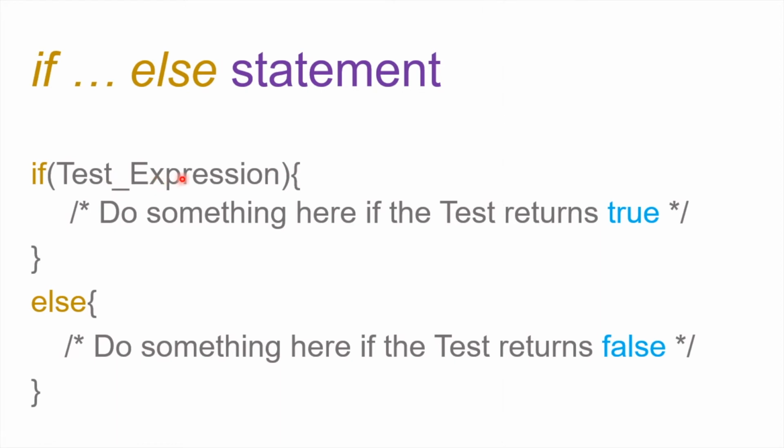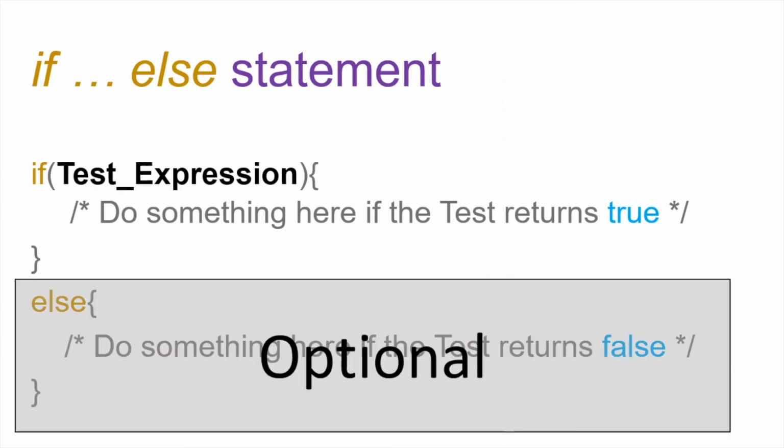If the test expression gives us the result true, it will execute the body part of the if. That means this part. Otherwise, it will go to the else section here. We'll do the statements in this part. And remember that the else part is optional. You don't have to write the else part all the time.